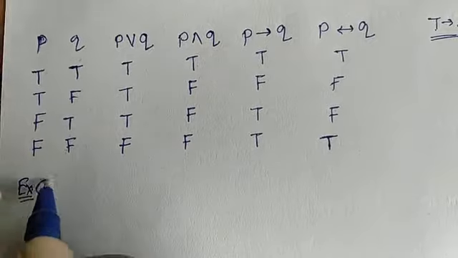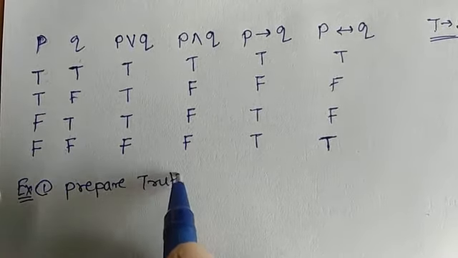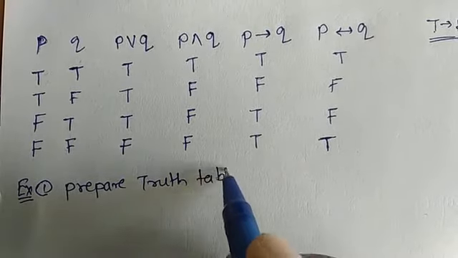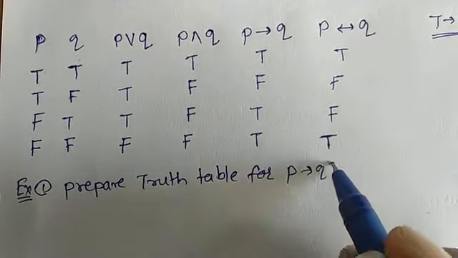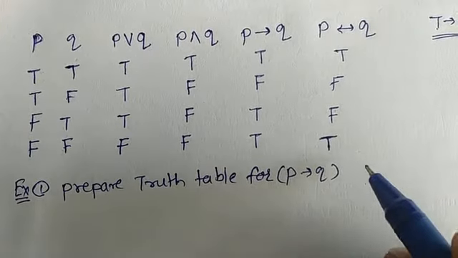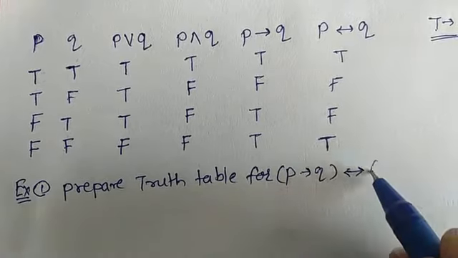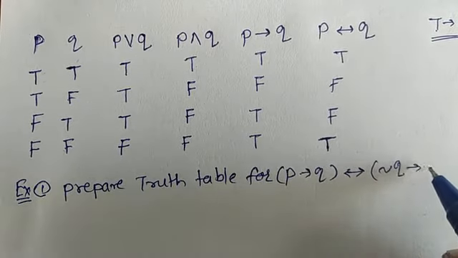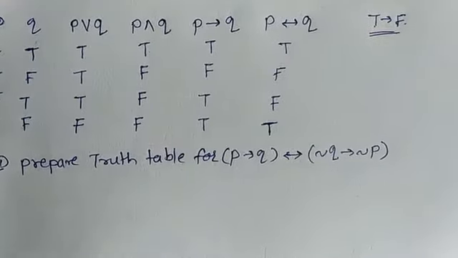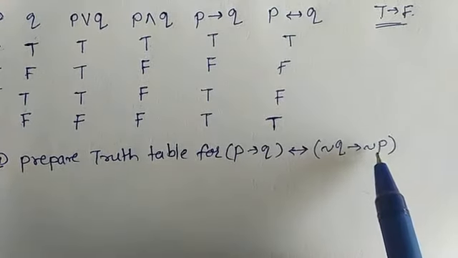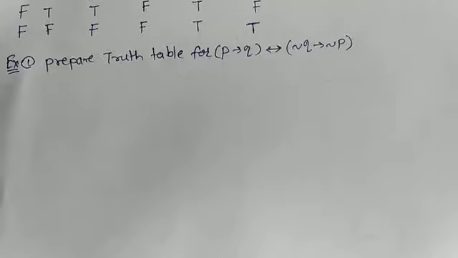Now the first example is: prepare the truth table for P implies Q, biconditional, negation Q implies negation P. So we have to prepare a truth table for this statement.